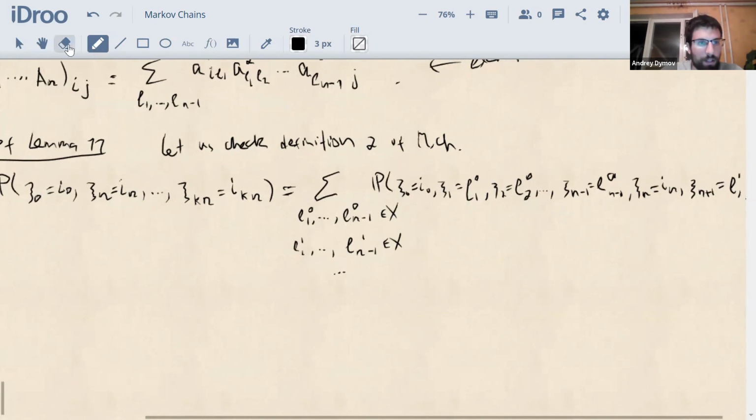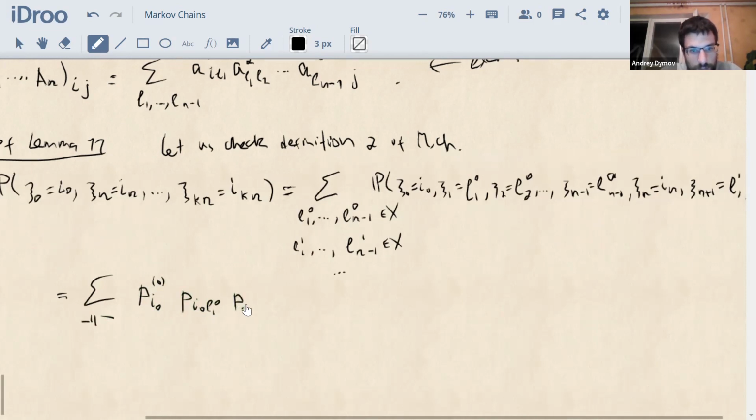But then I can write down this probability directly, each such probability, because I know that my initial sequence xi0, xi1, and so on, this is a Markov chain. So I have summation of the same form, and here I have initial distribution, its component number I0, then transition probability from I0 to L10, then the transition probability from L10 to L20, and so on.